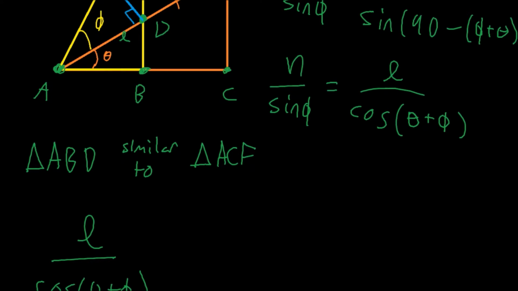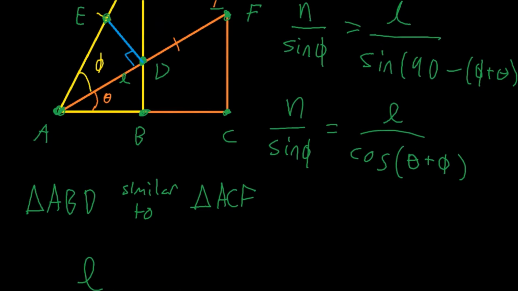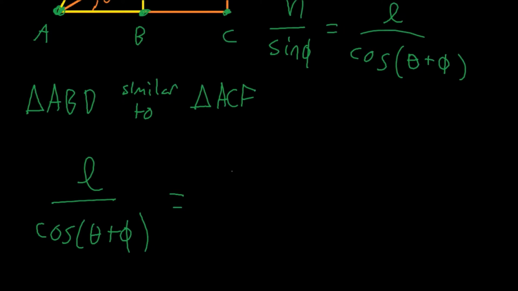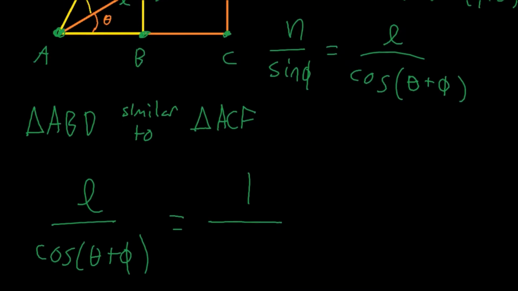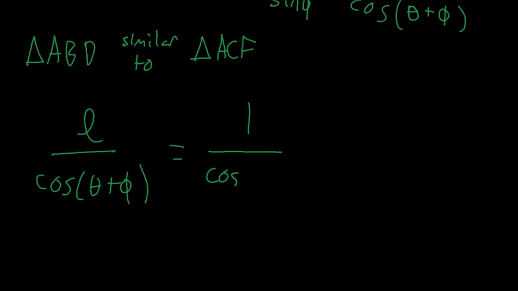Right here, AB is cosine of theta plus phi, AD is L. And now this is similar to AF, which we said was 1. So 1 over, and then AC. Well, AC is the cosine of theta because it's the x-coordinate on the orange triangle. 1 over cosine of theta.